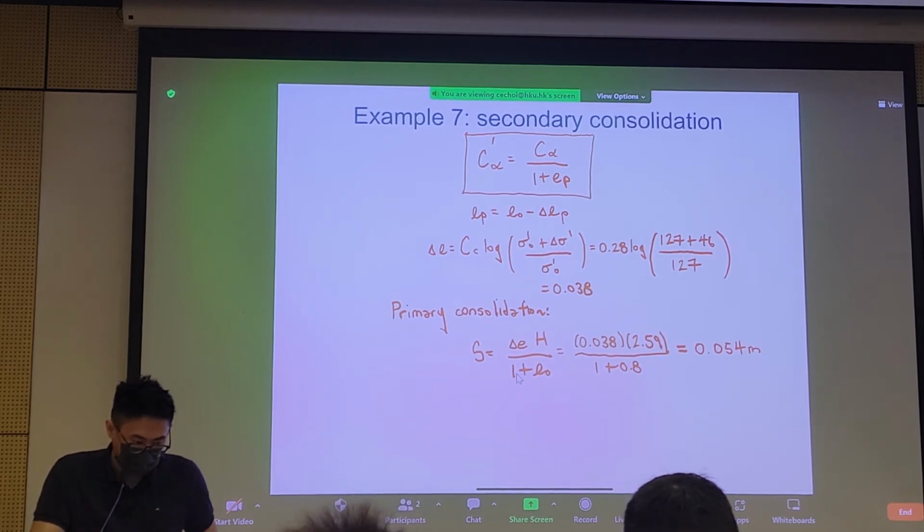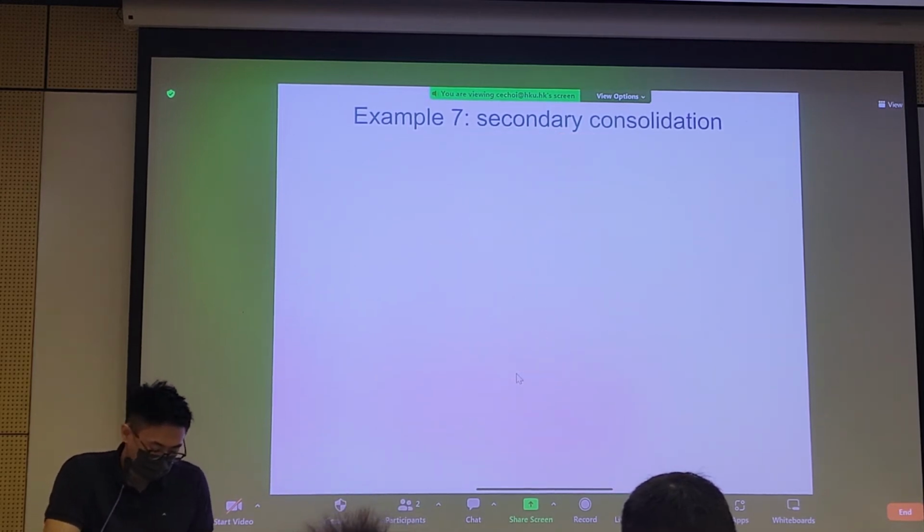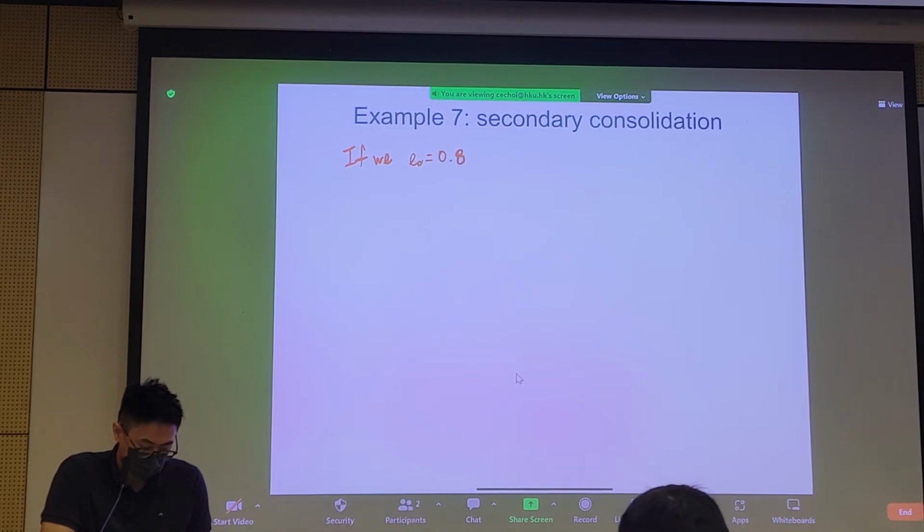So if we know that e naught is initially 0.8, we can calculate the void ratio at the end of primary consolidation as 0.762.